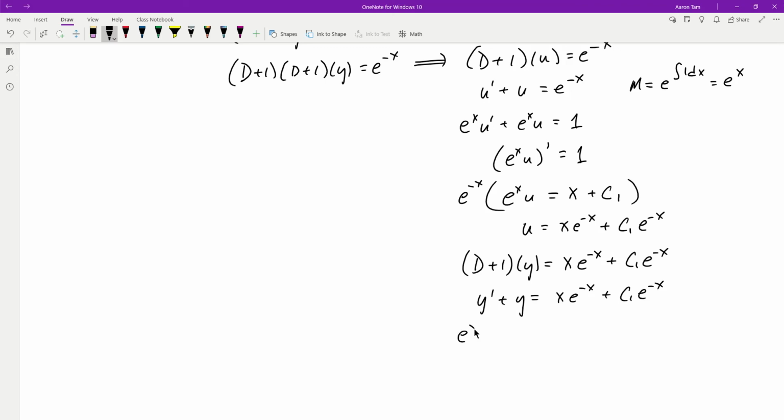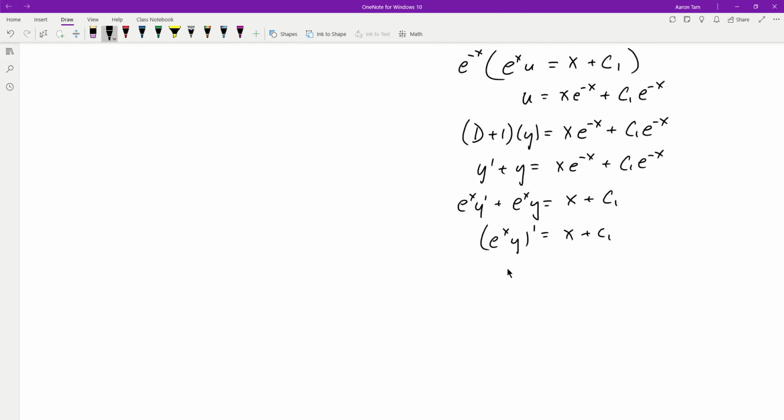So e to the x y prime plus e to the x y equal to x plus c1, and so this just becomes e to the x y prime equal to x plus c1.